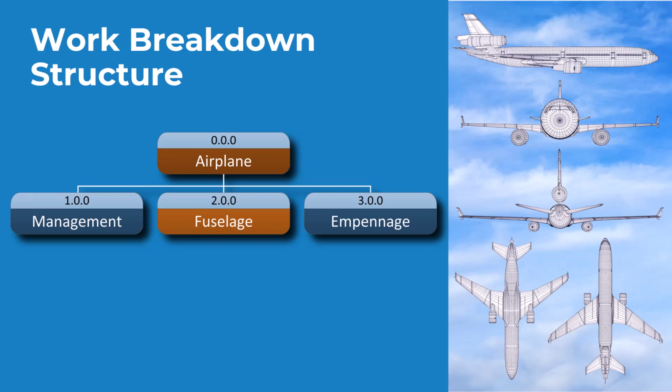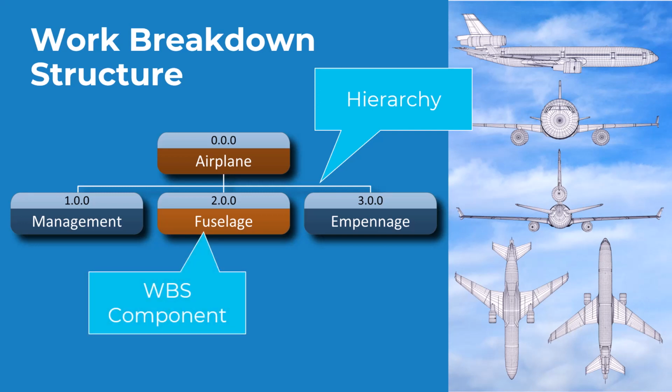We also need to design engines, wings, landing gear, and a few key components, but we use these three here to assemble our airplane. The diagram shows how the four boxes relate, and that relationship is obviously our hierarchy. And then each box in the hierarchy is called a work breakdown structure component, or WBS component.